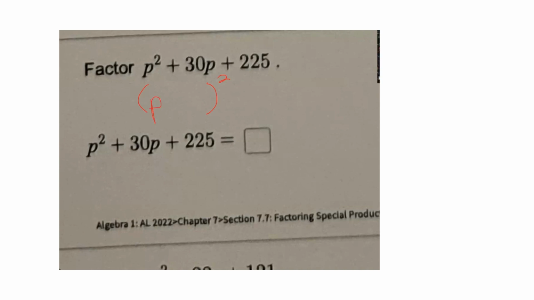And if you put the square root of 225 in your calculator, you get 15. And that's a plus, so we'll put a plus right there. And now we check. 2 times 15 times p is 30p. So that is indeed a perfect square trinomial.